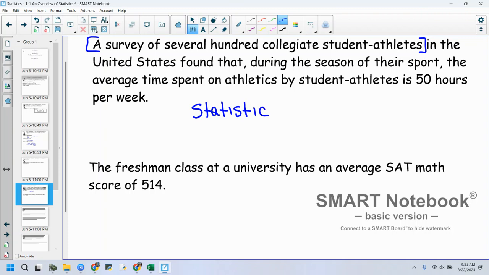Because what is the population? If the sample is the survey of those several hundred collegiate student athletes, what is the population then? All collegiate student athletes, right? We emphasize that "all" because that's the overarching big picture.